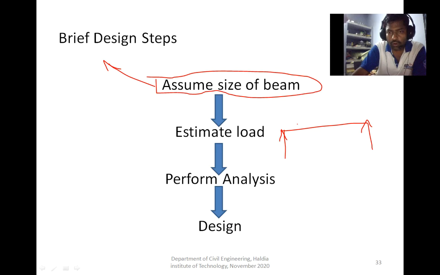Live load is also transferred to the beam. So here you have to calculate how much load. It may be UDL, trapezoidal, triangular, linearly varying load, or a point load. So this is the second step, estimate the load, how much load comes to the member, that you calculate.